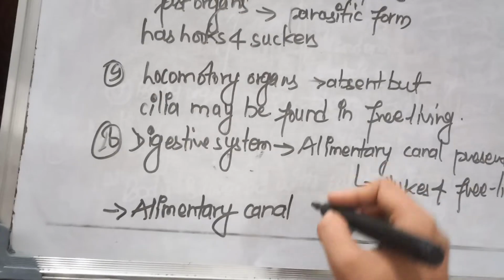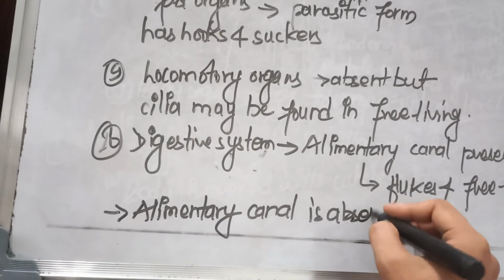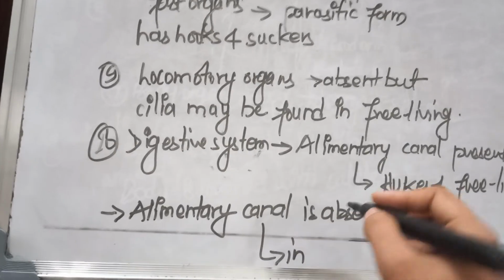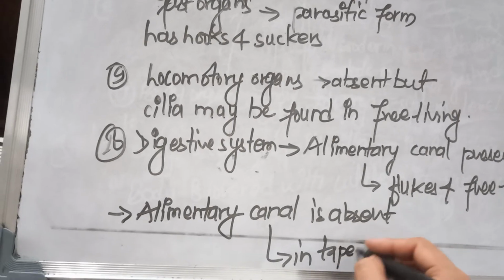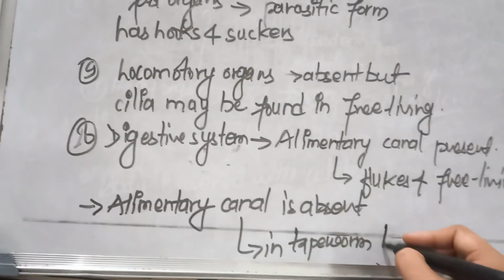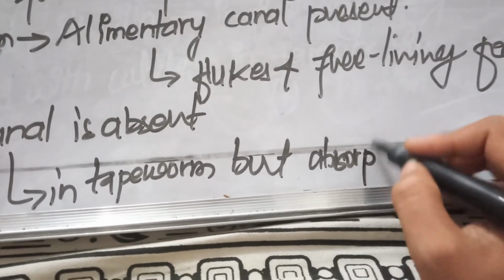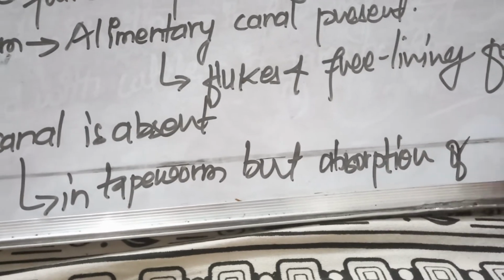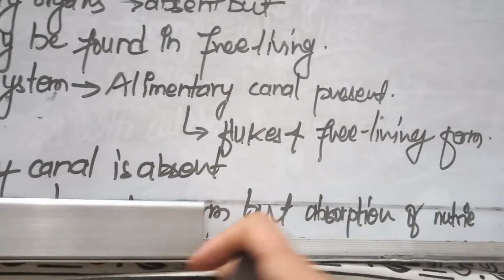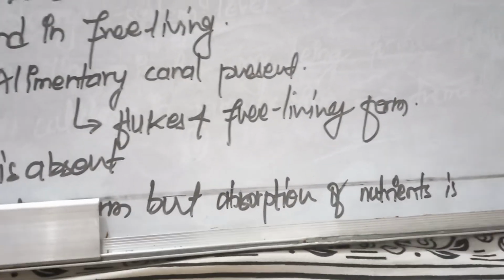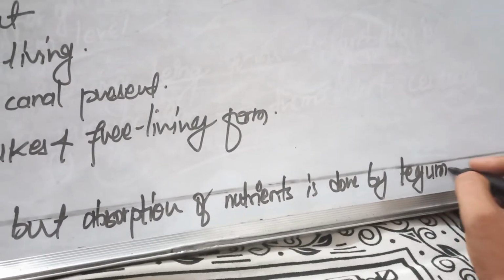Likewise, alimentary canal is absent in tapeworm, but absorption of nutrients is done by the tegument present in tapeworm.